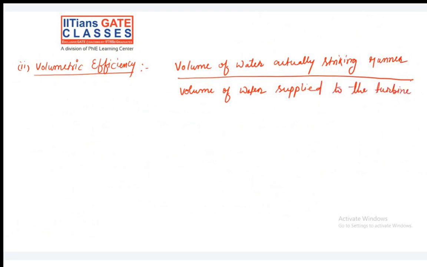This is that fact, na? Means what is the amount of water which is striking the runner, and what is the amount which was supplied to the turbine. Okay, so this is volumetric efficiency.